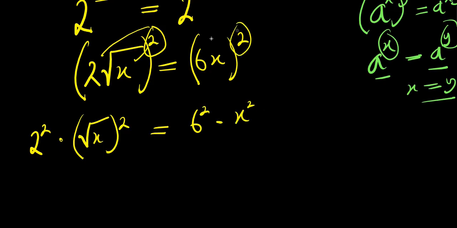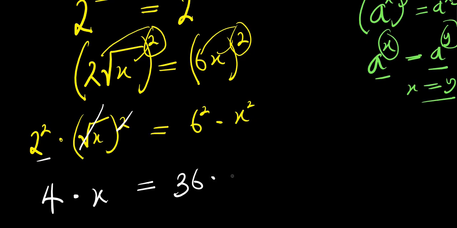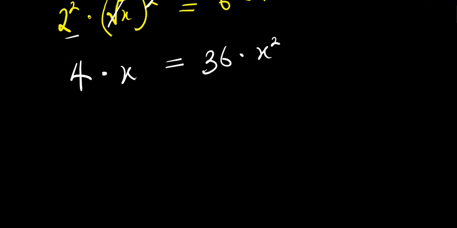We also distribute this term to each of the terms here. So 2 to the power of 2 here is 4 times square root here. We'll eliminate the square here. We have x equals 6 power 2, this is 36 times x squared. So from here we have 4x equals 36x squared.